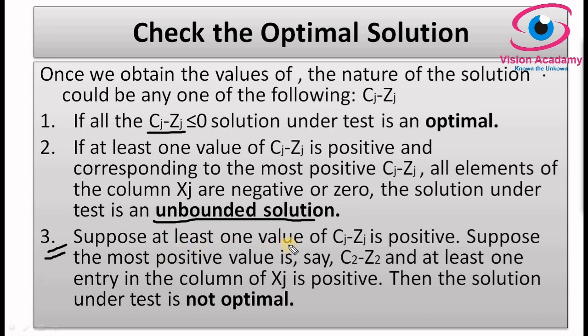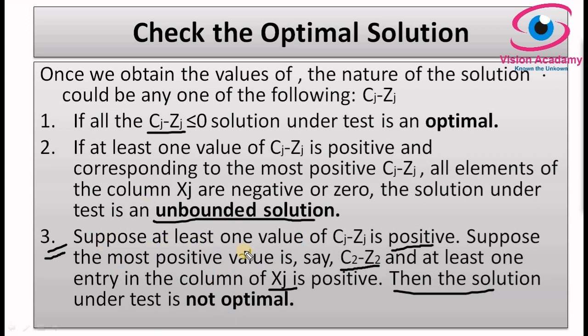Suppose at least one value of Cj minus Zj is positive in the initial simplex table. Suppose the most positive value is say C2 minus Z2, and at least one entry in the column xj is positive. Then the solution under test is not optimal. You want to improve that solution.